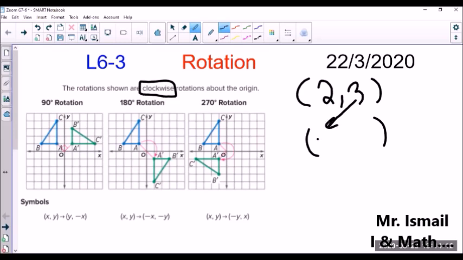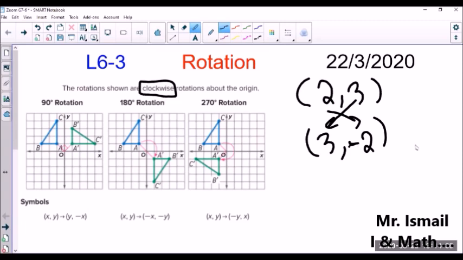Y will be here and x will be here, and you have to multiply x by -1. It will be (3, -2). So like this, I rotate this point around the origin 90 degrees clockwise.